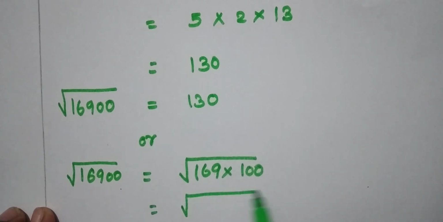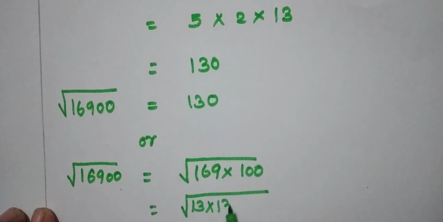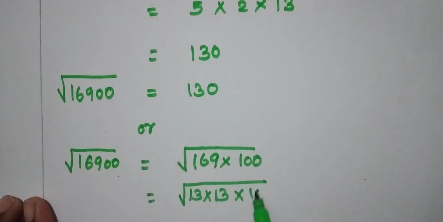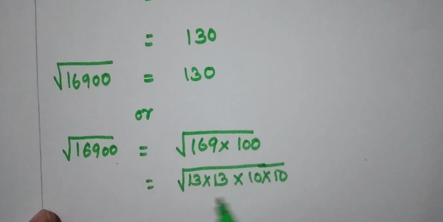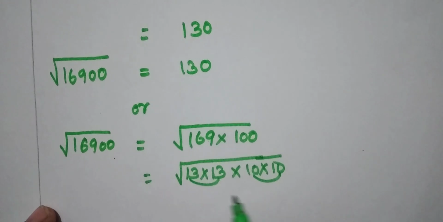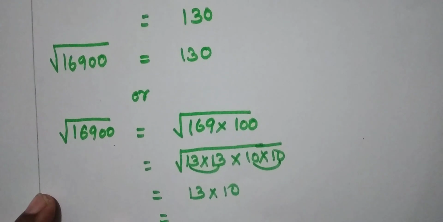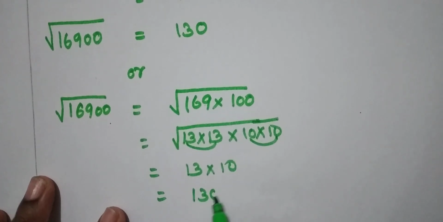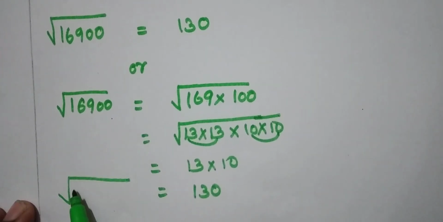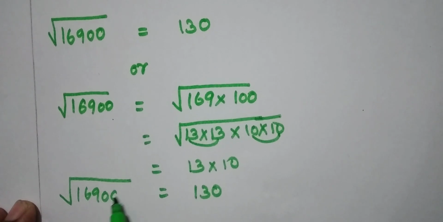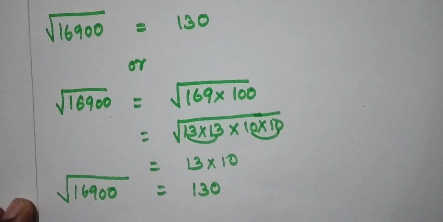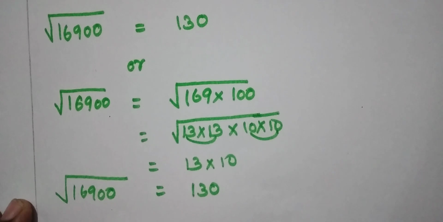So you know very well that 169 is 13 13s are 169, and this 100 is 10 10s are 100. So from each pair, select one prime factor, which is equal to 13 into 10. So now you reach the answer 130. You can find the answer in this way also. Is it clear, children? Yes.